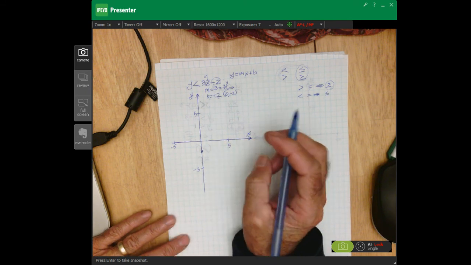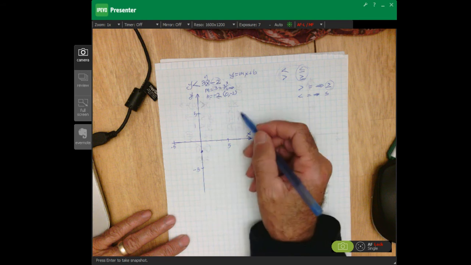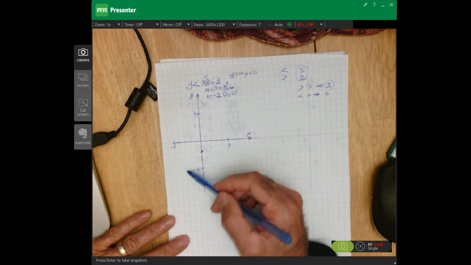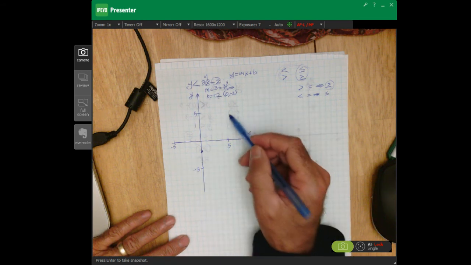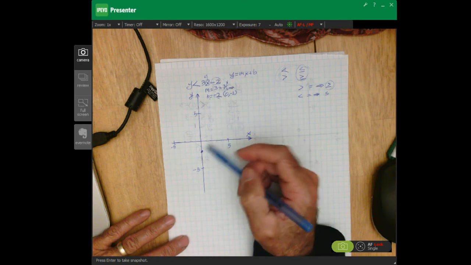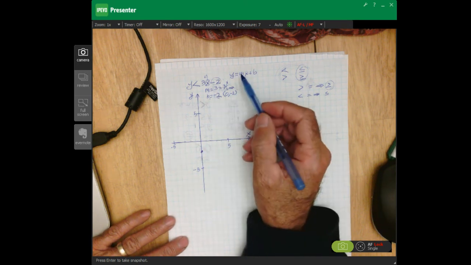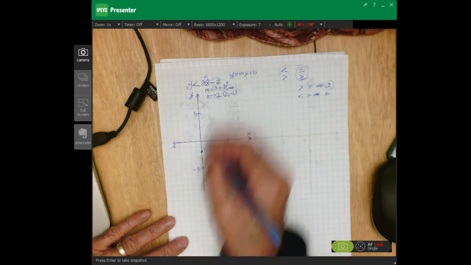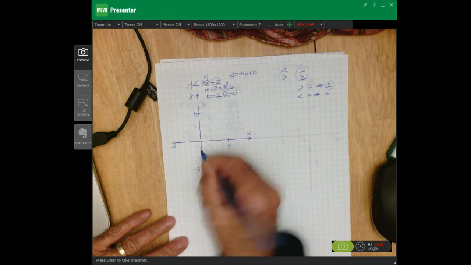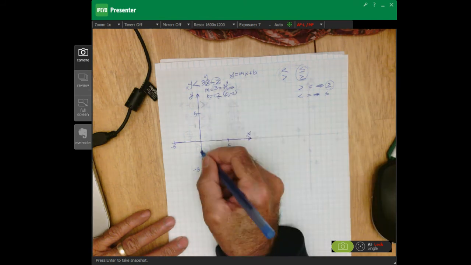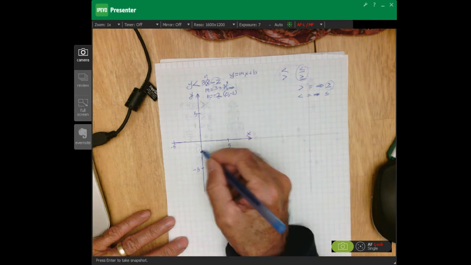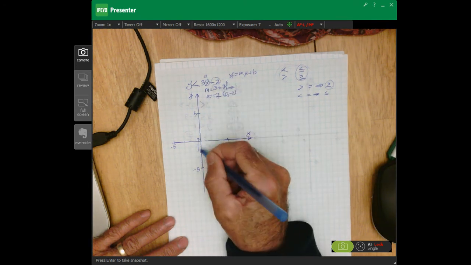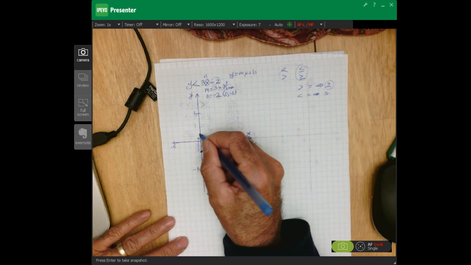Now the first couple of points, just like with an equality, we want to be able to know where the line goes. But the line is going to serve a little different purpose than it will on the equality. So first you plot that first point, then you use your slope to find the second point. The rise is 3, so we're going to go up 3. Right, 1, 2, 3, and over 1, and that gives us our second point.